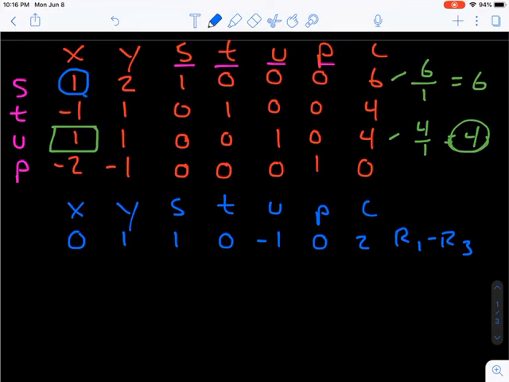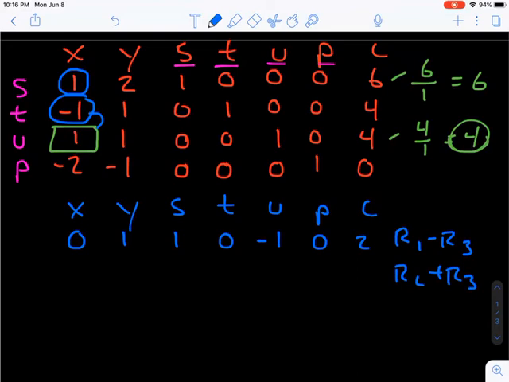Now we need to change negative 1 into a 0 using the pivot. So it looks like all we have to do is add these two rows together. So I would take row 2 plus row 3.